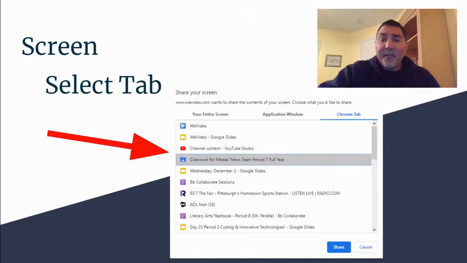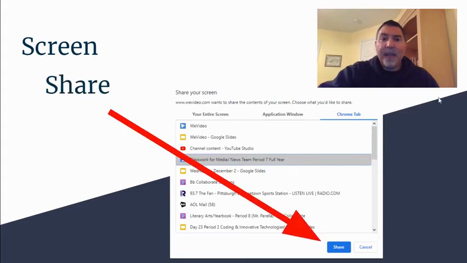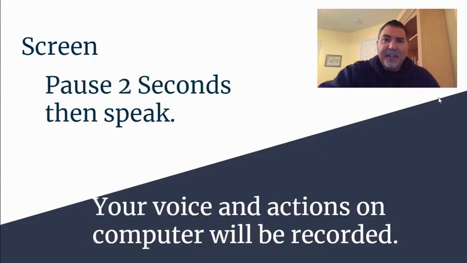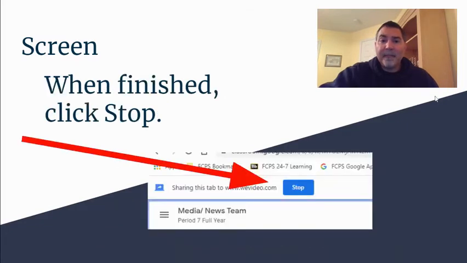And then you're going to select the actual tab that's on your computer that you're going to be doing the demonstration for. And then click share. And I usually tell my news team kids to pause 2 seconds before you speak. And at that moment, your voice and actions on the computer will be recorded. When you're finished, you're going to click stop.